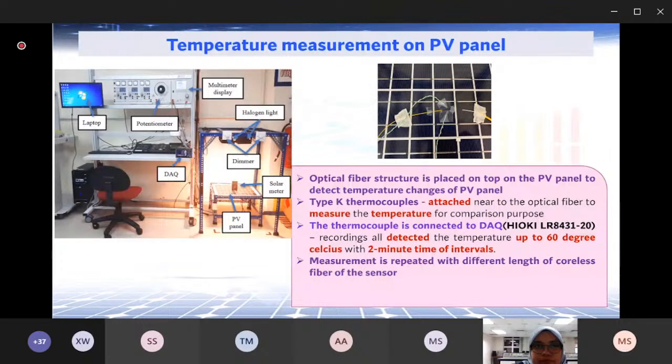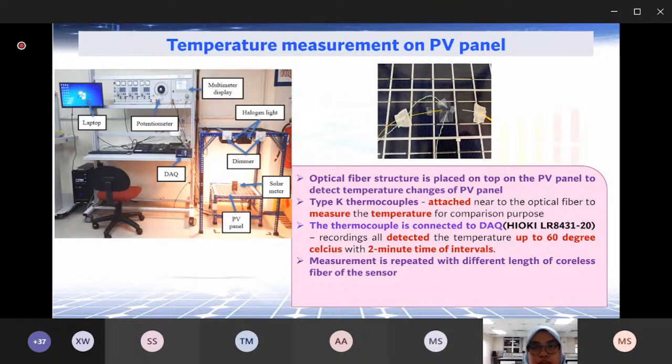This is the overall scenery during the experimental work. The halogen light will act as the sun in actual life.